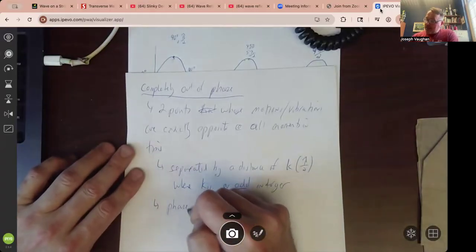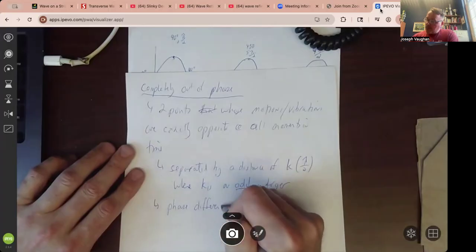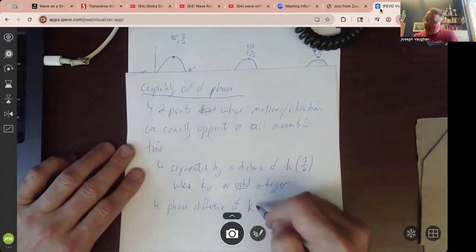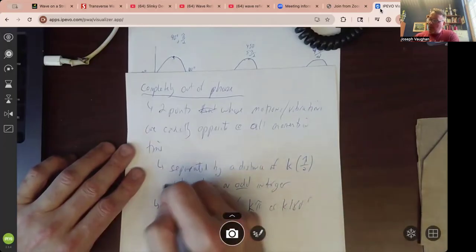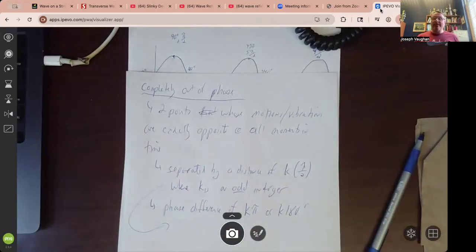Or a phase difference of k pi or k 180 degrees, where once again, k is an odd integer, right? So the point of talking about phase and different points in the wave is really to compare different points and eventually to compare different waves, so that we're going to have waves that are completely in phase with one another and waves that are completely out of phase, right?